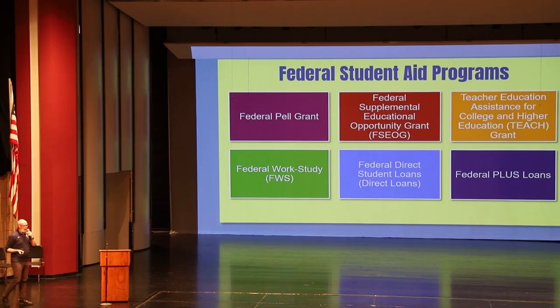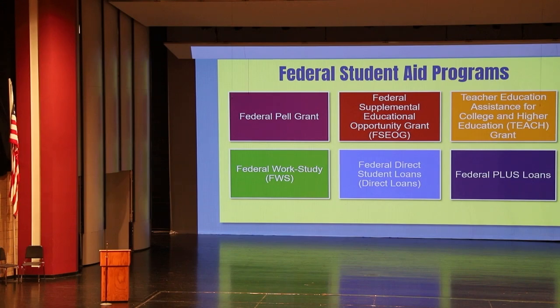The third grant program, or maybe scholarship, if they use the word grant, is a TEACH grant. Again, an acronym for Teacher Education Assistance for College and Higher Education. Teachers are becoming a high need field throughout the country. So that's $4,000 per year that you can request to have a TEACH grant. Now you need to be majoring in education in a high need field within education.